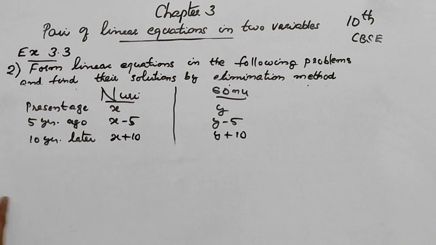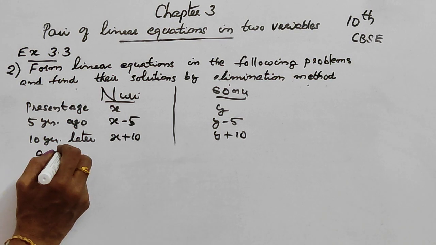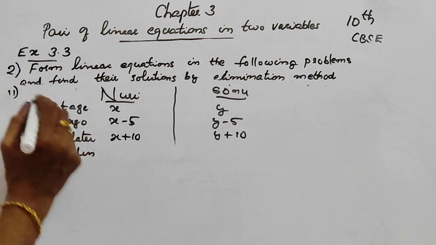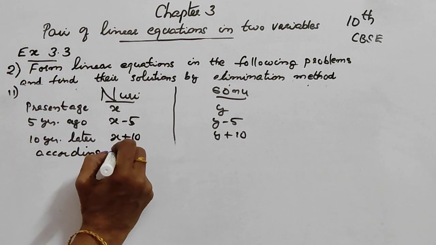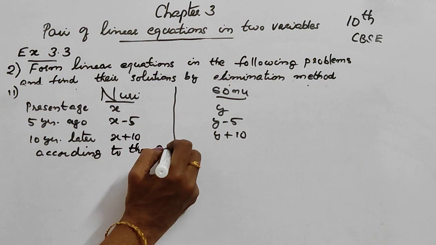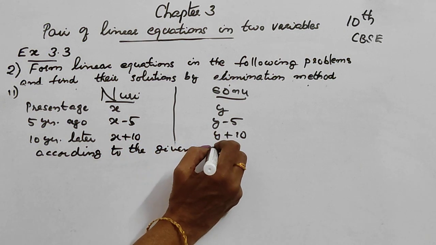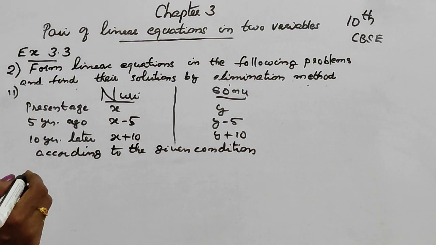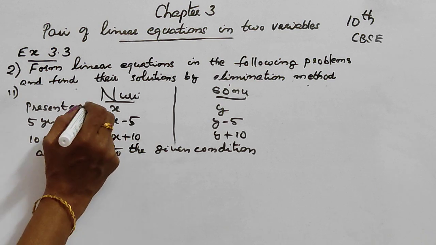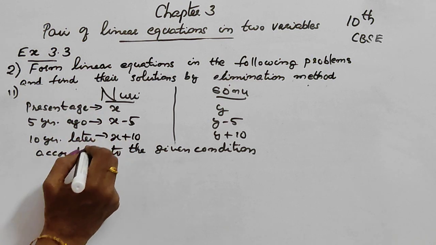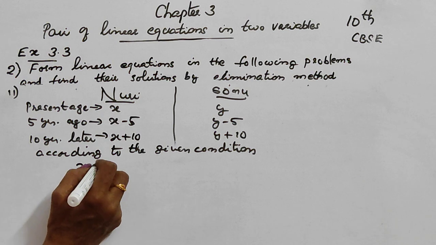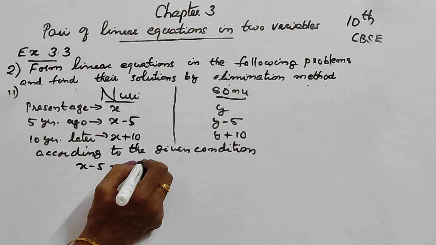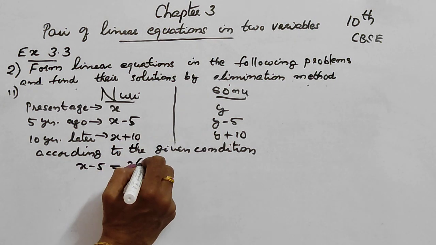Now we will write the equation according to the condition. This is second question. According to the given condition, what is the condition given? 5 years ago, Nouri's age equals thrice as old as Sonu, 3 times the age of Sonu, which is y minus 5.